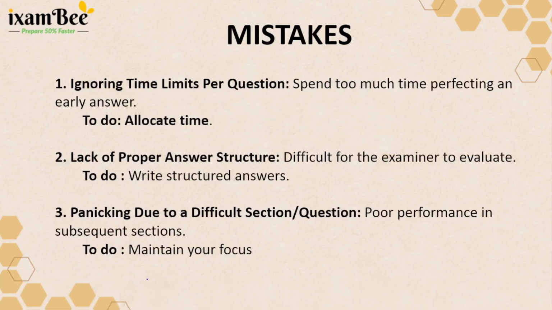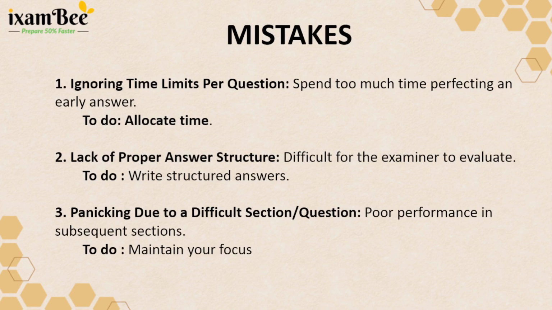Coming to the first mistake, you might sometimes be ignoring the time limits per question. This is a big mistake because you might be spending too much time perfecting a particular answer, and in this way you would be losing a lot of time.